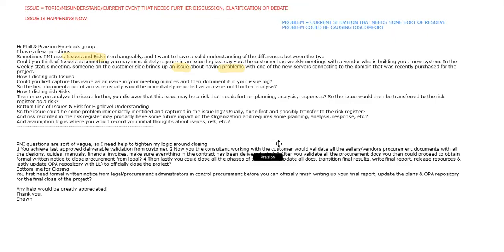So let's put in the definition of risk here. What is a risk? This is going to help you because for the exam, you need to remember risks are, unlike problems and issues, uncertain events. These have not happened. There's no such thing as a risk that has happened.